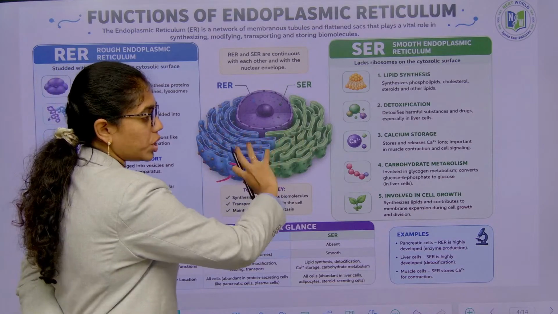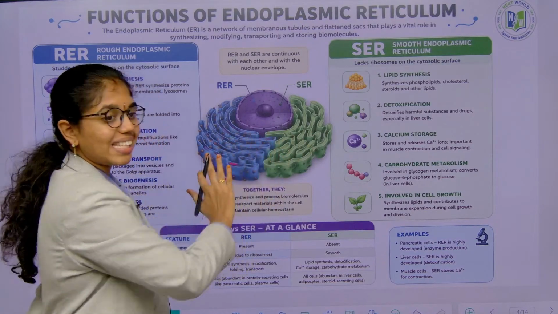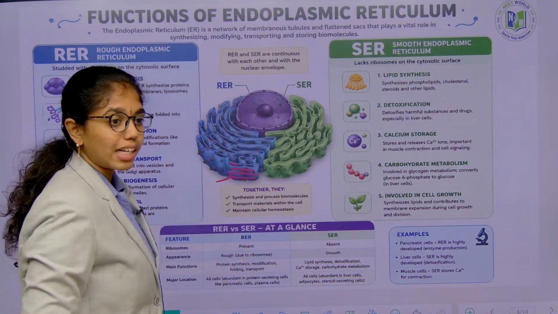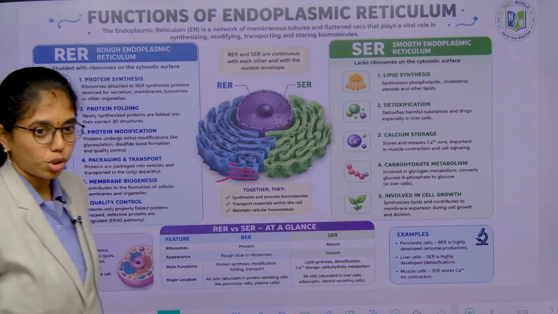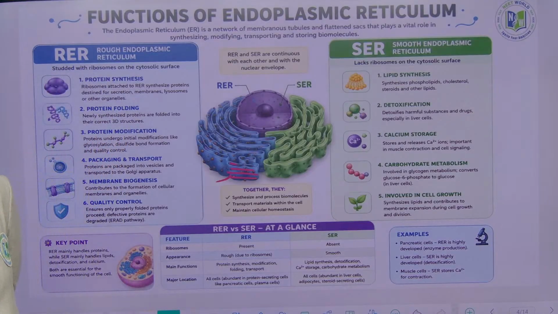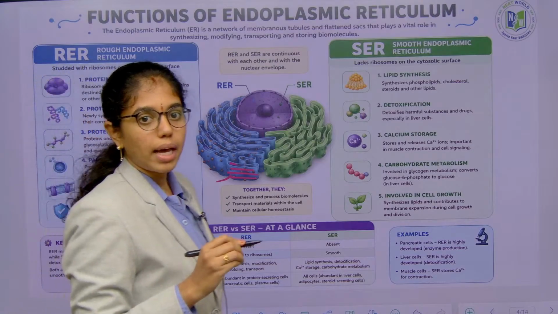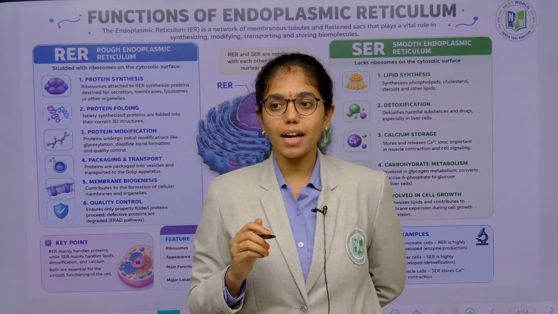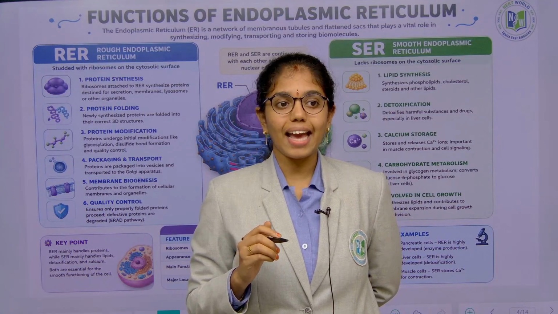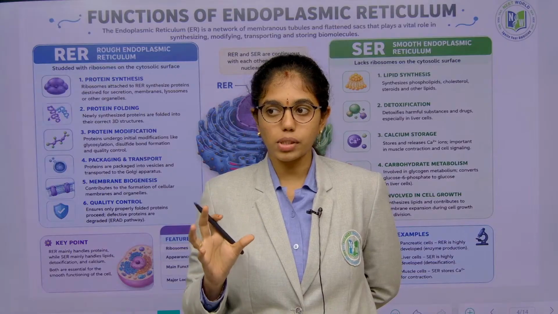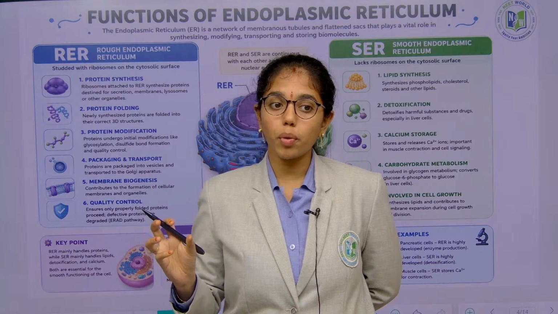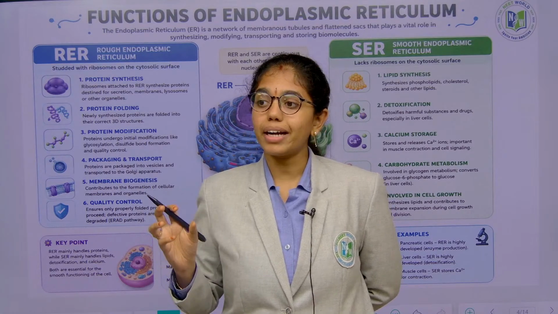They are differentiated based on the surfaces they have. Okay. If the surface is rough, that is because of ribosomes attached to it. That is known as what? Rough endoplasmic reticulum. Once again we will recall ribosomes. Ribosomes are composed of RNA and proteins. Remember, ribosomes are composed of RNA and proteins. How many different types of proteins are present? 80 different types of proteins.